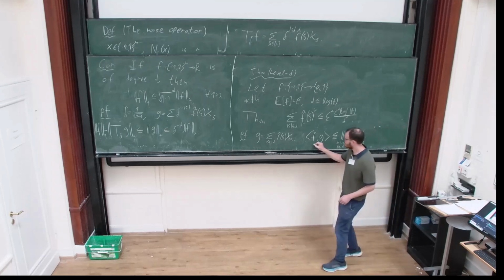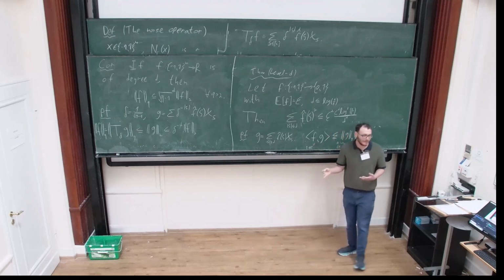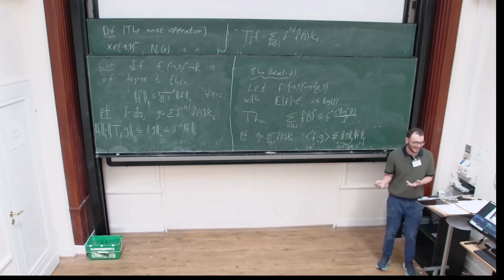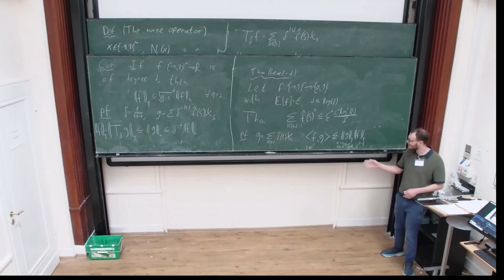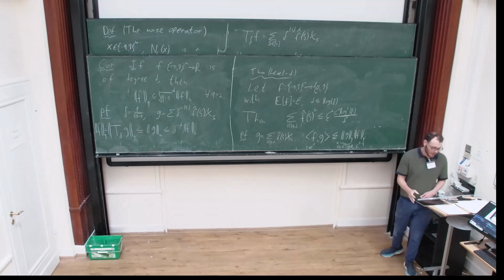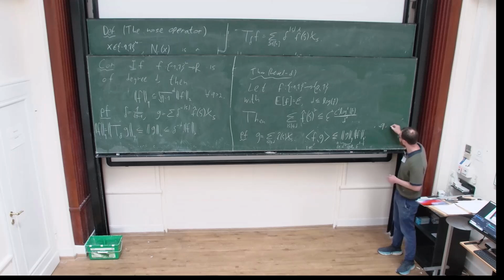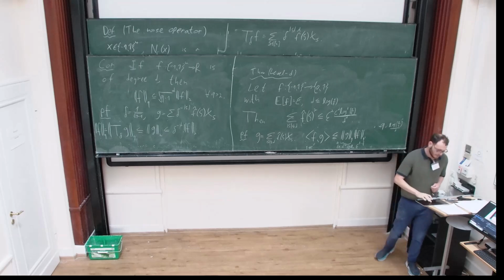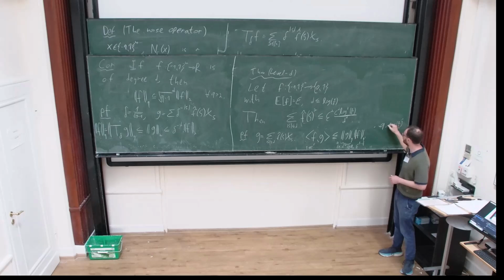But you need to choose q correctly, right? Yeah. It's an exercise to finish the proof. You choose q to be log 1 over epsilon over d, times 2.